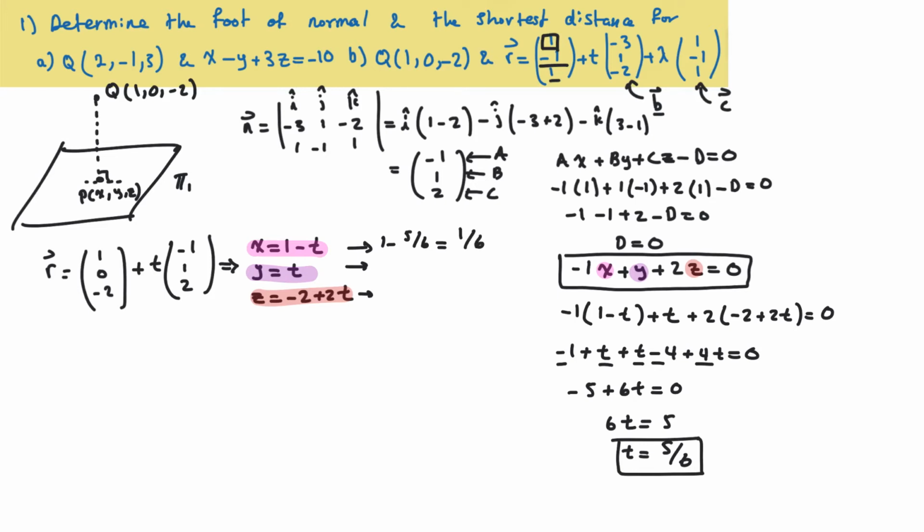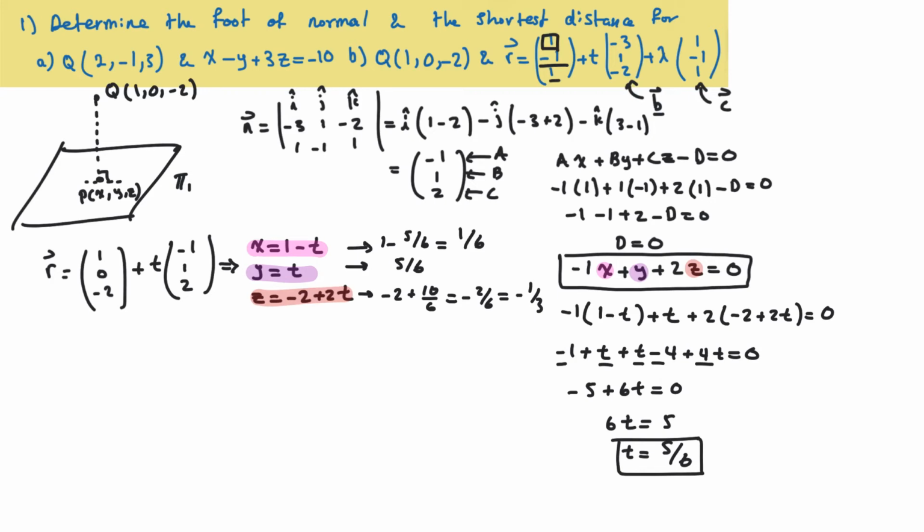Our y value is going to equal t, which is just 5 over 6. And our z value is going to be -2 plus 2 times 5 over 6. 2 times 5 over 6 is 10 over 6. And if we get a common denominator of 6, we will get -2 over 6 or -1 over 3 as our z coordinate.